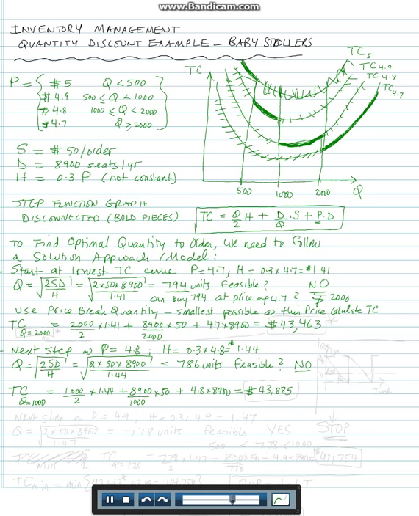So the idea is you're going to keep going up the steps until you reach a feasible EOQ. So now we go to the next step, which is at P equals 4.9, which gives me a holding cost of 0.3 times 4.9, which is 1.47.